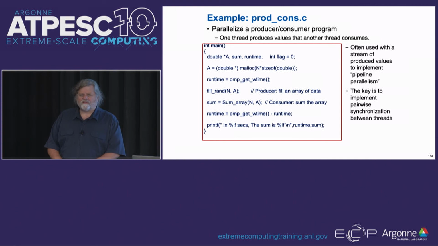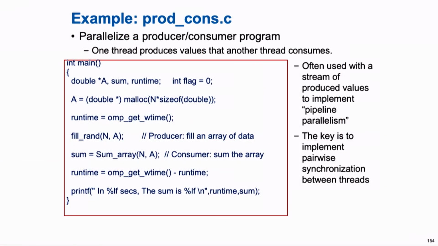I have one thread producing results that another thread is going to consume. What I want you to remember is that in practice, this wouldn't be an individual produce, consume. This would be a pipeline of production and consumption. So think of this as the heart of a pipeline. And I want pipeline parallelism, therefore I want these producer and consumer updates to happen in parallel.